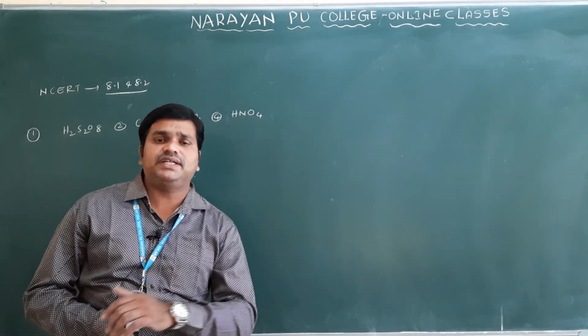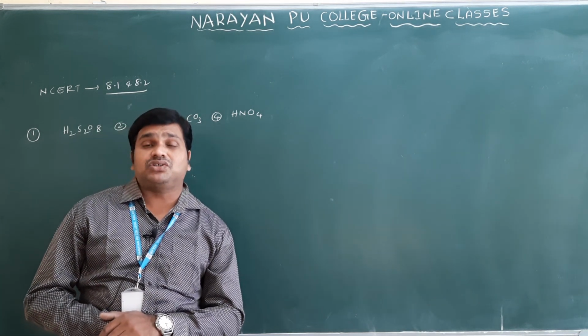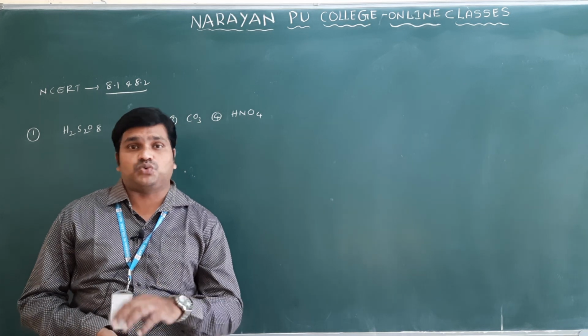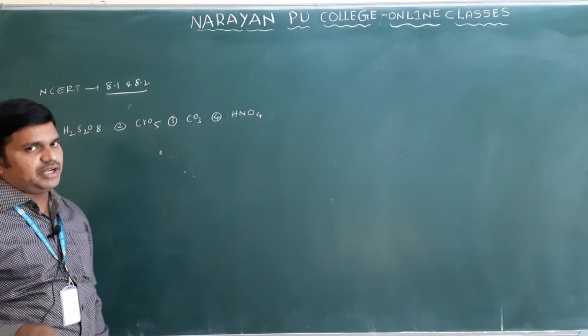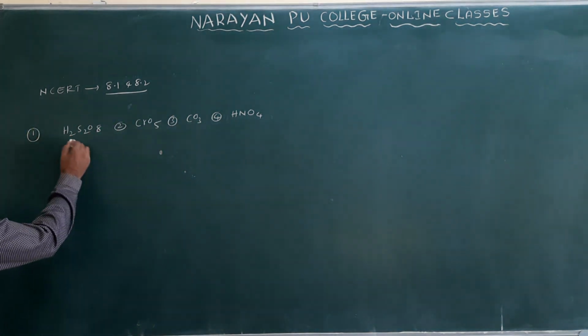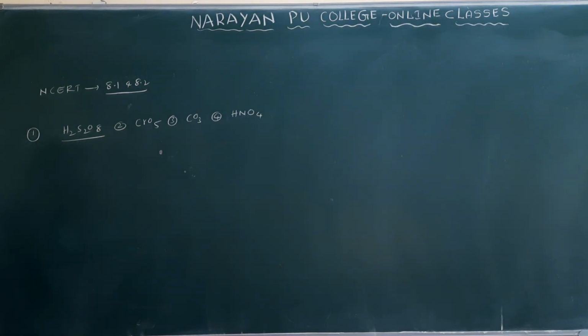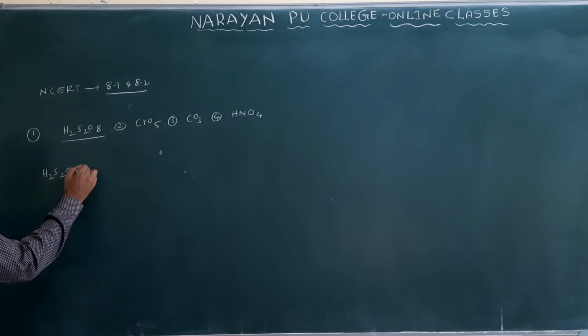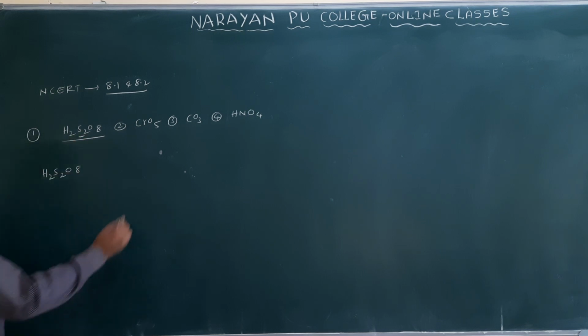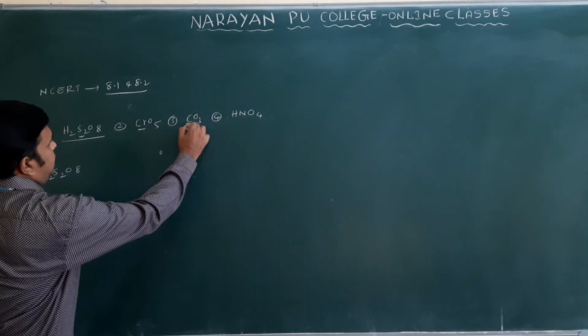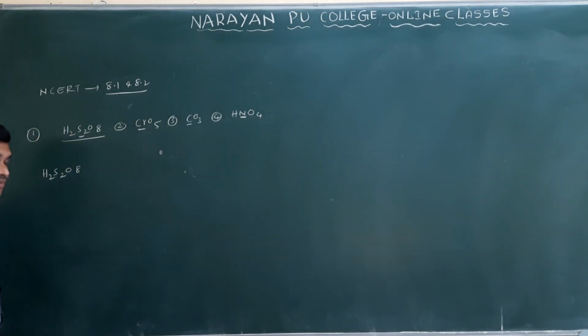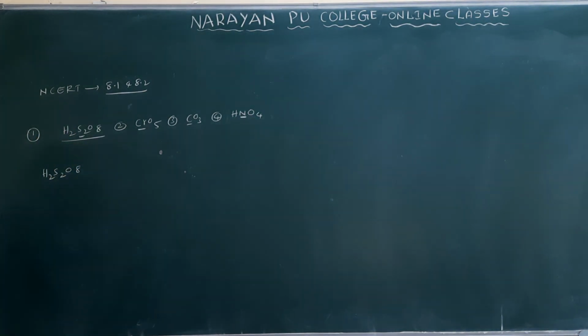You know in peroxides the oxidation state of oxygen is minus 1 only. First, the general method. I am taking H2S2O8 here. We have to find out sulfur, here chromium, here carbon and here nitrogen.